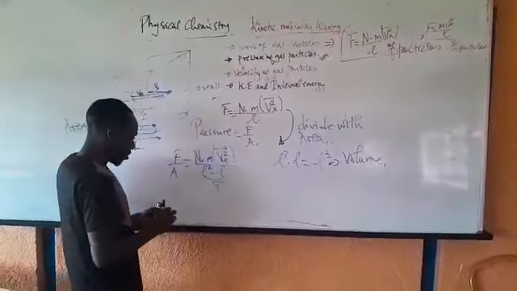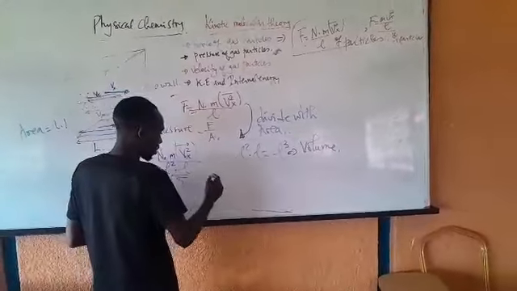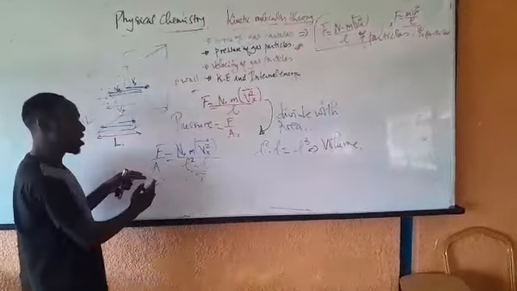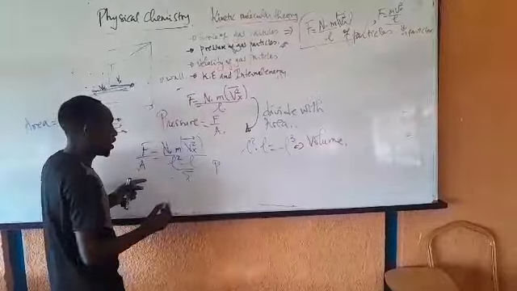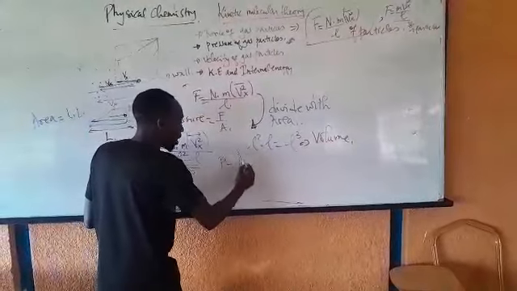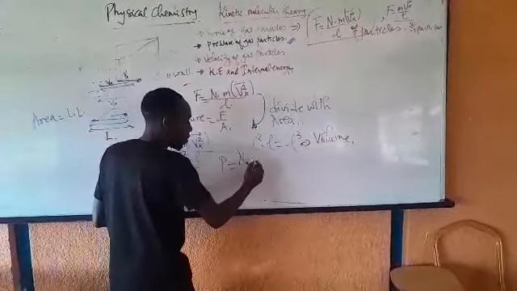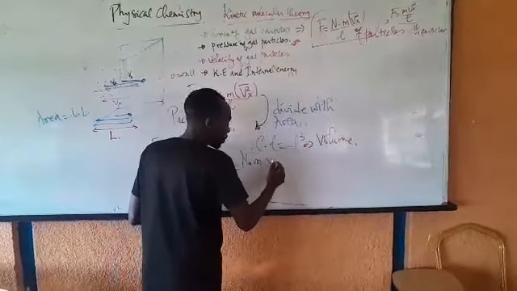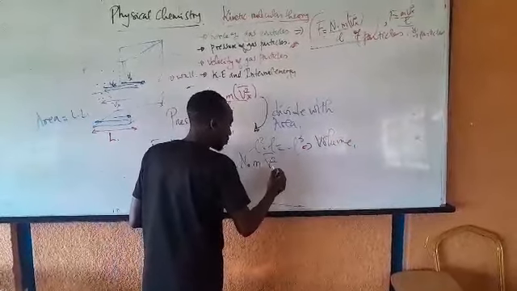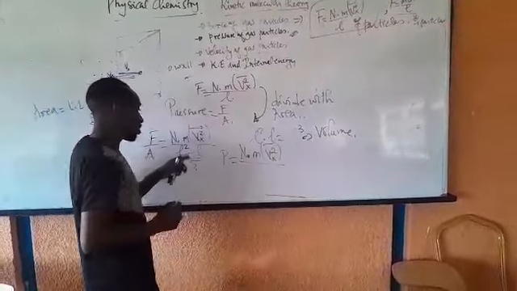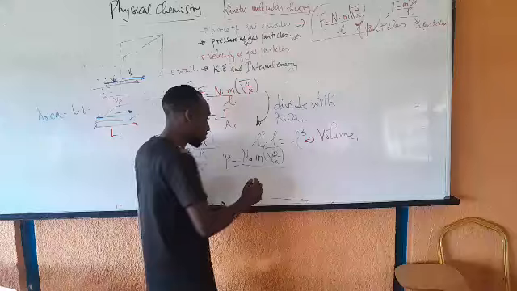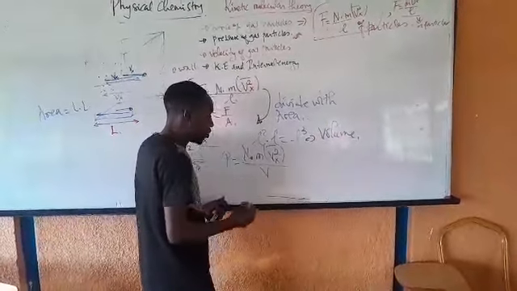Then we're going to have this force over area, which gives us pressure, and we have the number of particles times their mass times the average velocity squared over this, which gave us V, the volume.